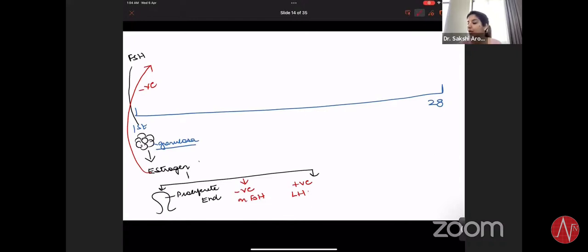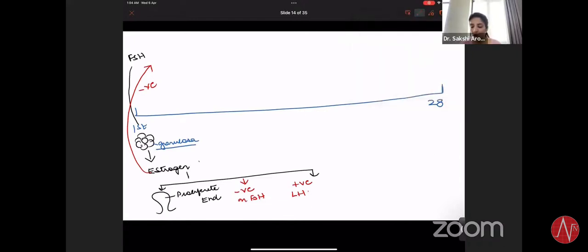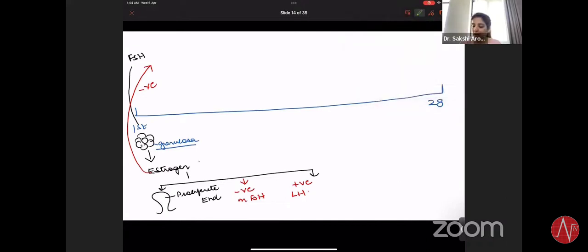Right? Now, because estrogen had a negative feedback on FSH, all the follicles die except one follicle, and that one follicle is called as dominant follicle. So केवल एक follicle रह जाएगा, which will be called as dominant follicle.